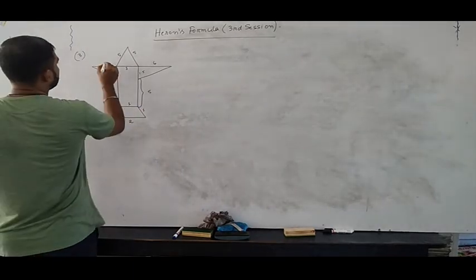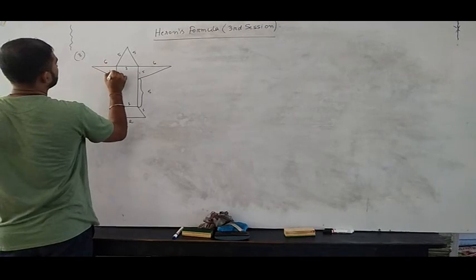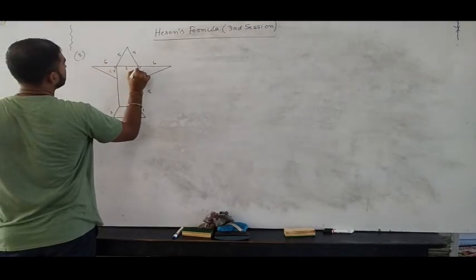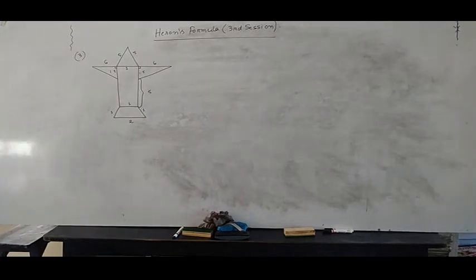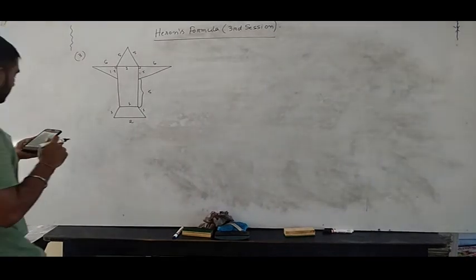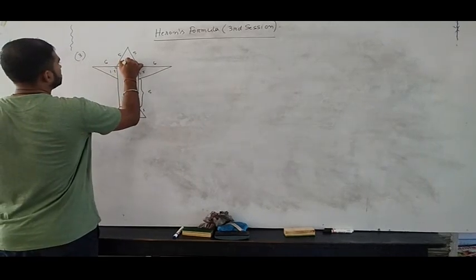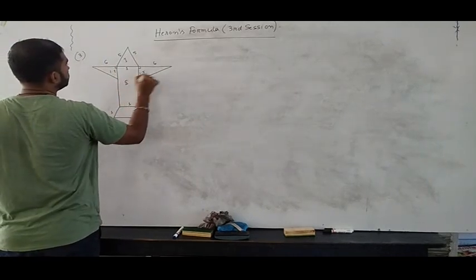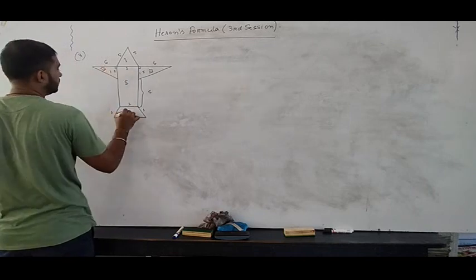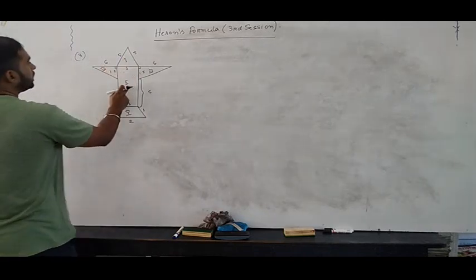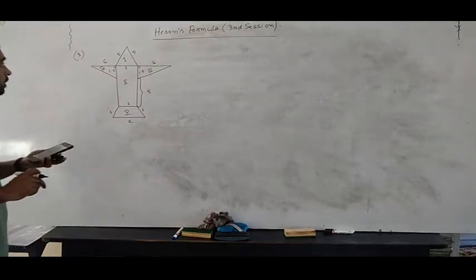Then this one same, 6 into 1.5, this one 90 degree. Okay, now this is the question. I mark, suppose this one 1, this one 2, this one 3, this one 4, and this one is 5. It's figure 1, figure 2, figure 3, figure 4, and figure 5.